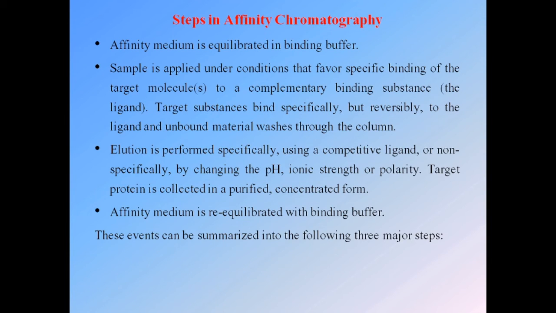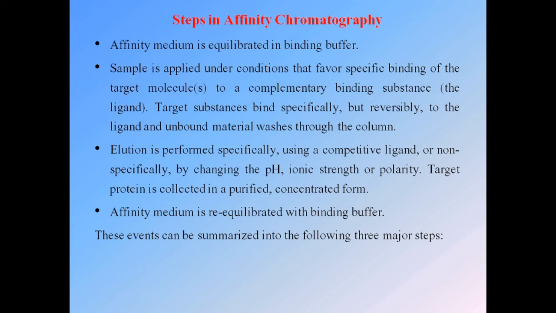Next, steps in affinity chromatography. Affinity medium is equilibrated in binding buffer. Sample is applied under conditions that favor specific binding of the target molecules to a complementary binding substance, that is the ligand.